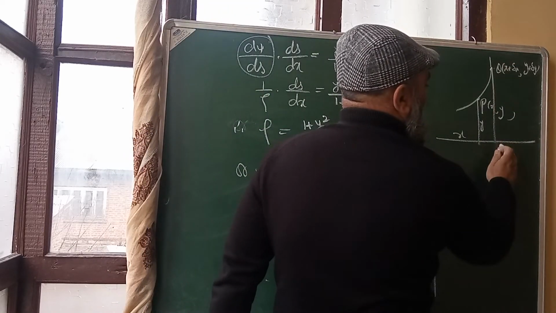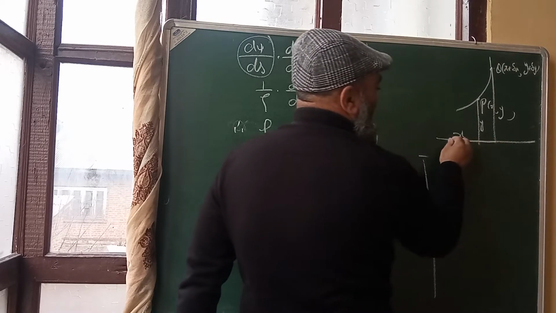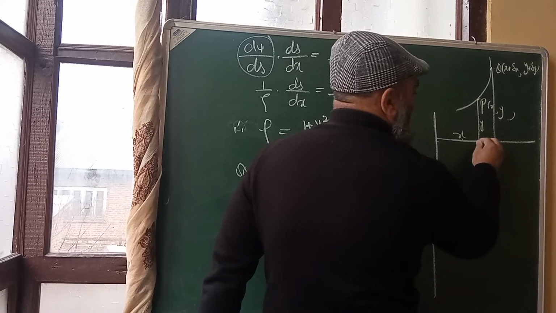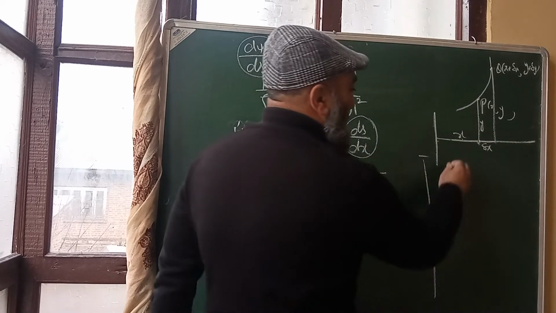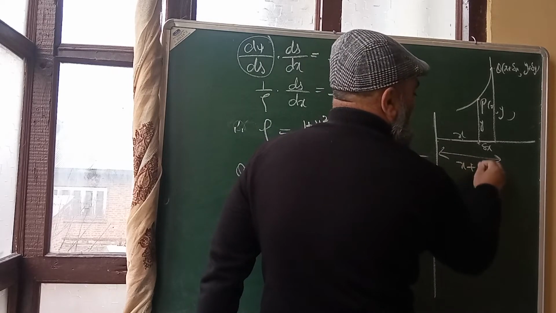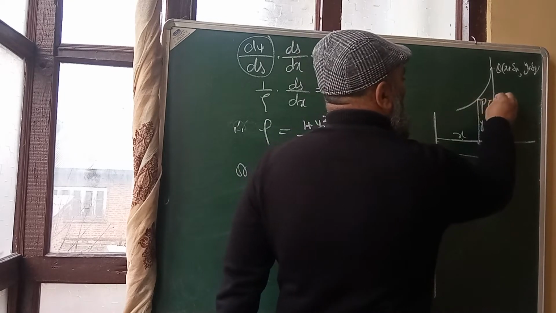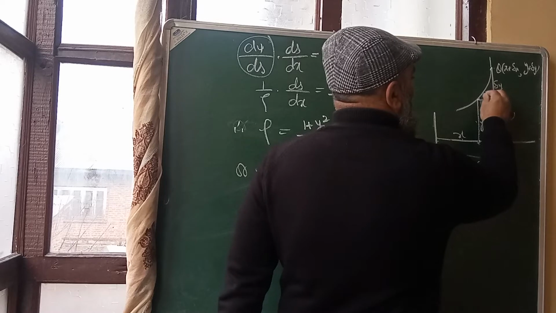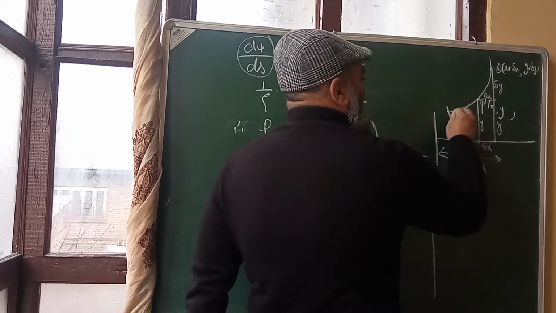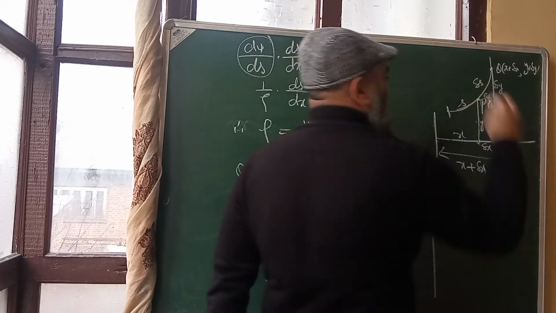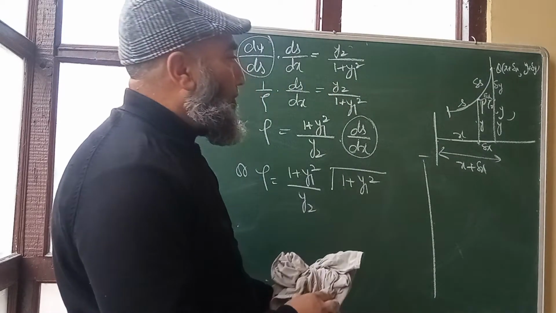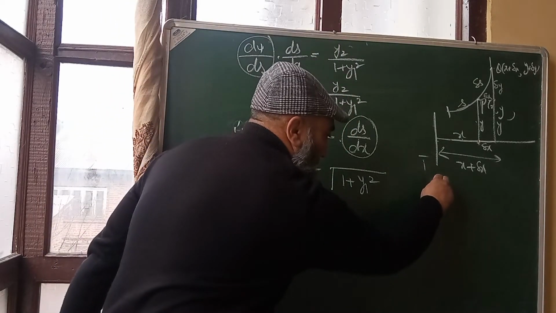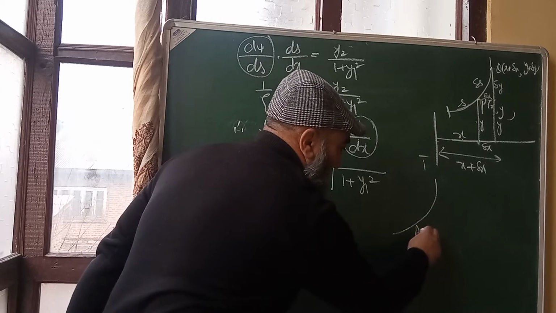Now, for point Q, from this to this will be x plus delta x, so this is delta x. Because this is x, this is delta x, total is x plus delta x. Now this is y, but this will be delta y. This is delta x, this is delta y. Remember again, this was s, so this will be delta s. Fine? Okay? Let me show it again so that it's clear to you. This is P, x and y.